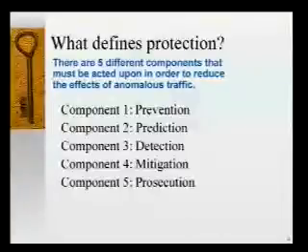And then mitigation, kind of the end all, because the first 3 things do you absolutely no good if it does get through. If you can predict it, if you can detect it, if you can't mitigate it, all your efforts have been worthless, right? And then finally, which a lot of people leave out, is prosecution. This stuff's never going to come to an end unless you can catch the people that are doing this.